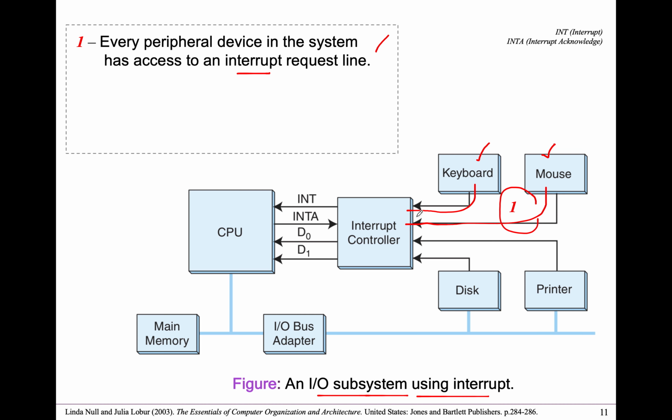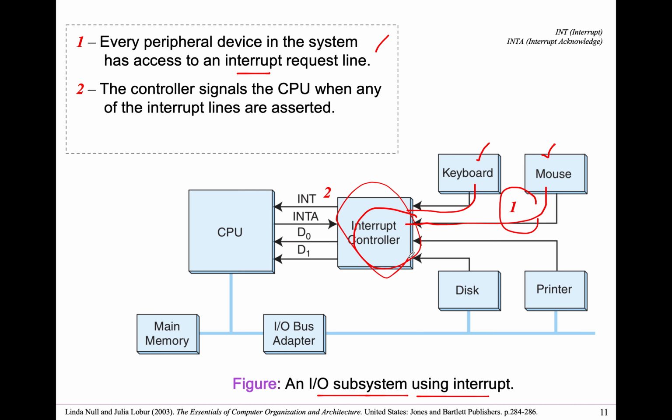So it's going to send the request or the information to your interrupt controller, and then the controller signals the CPU. So you can see it's going to send the signal or the request to the CPU when any of the interrupt lines are excited.